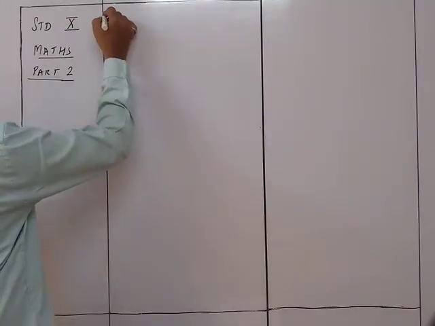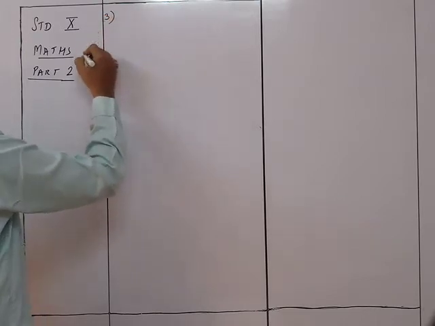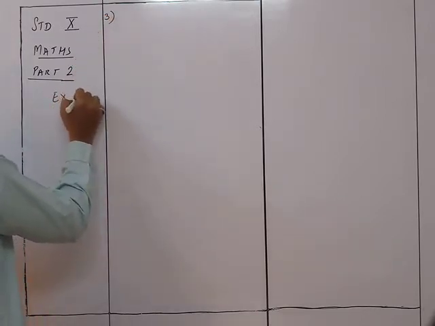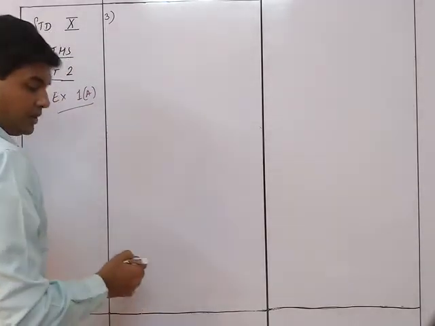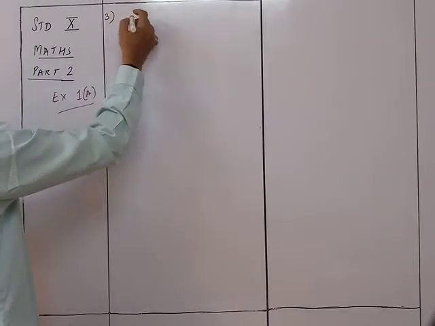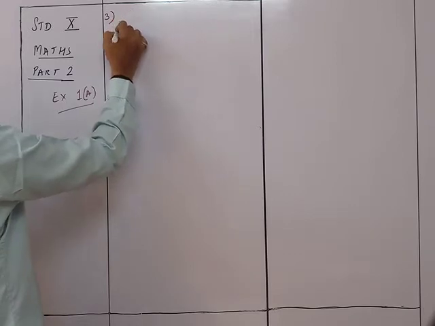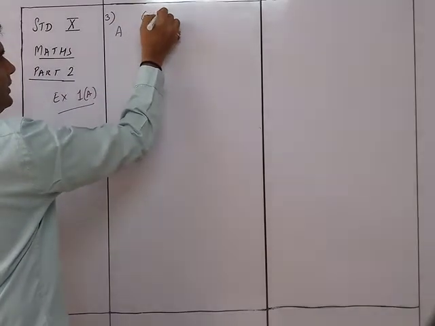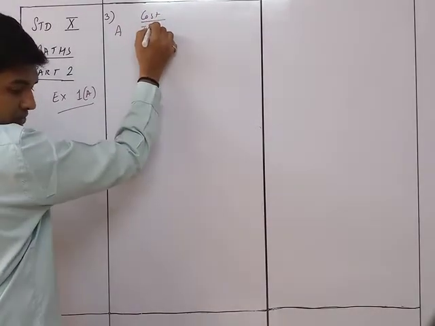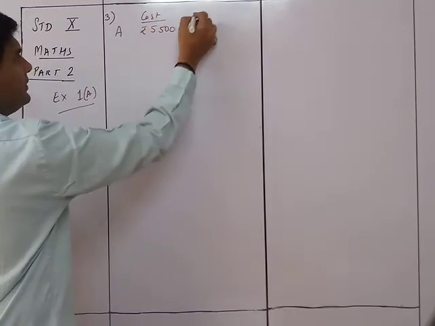So let us see question number 3, exercise 1A, Concise Mathematics. We have person A. We have got the cost as rupees 5,500.